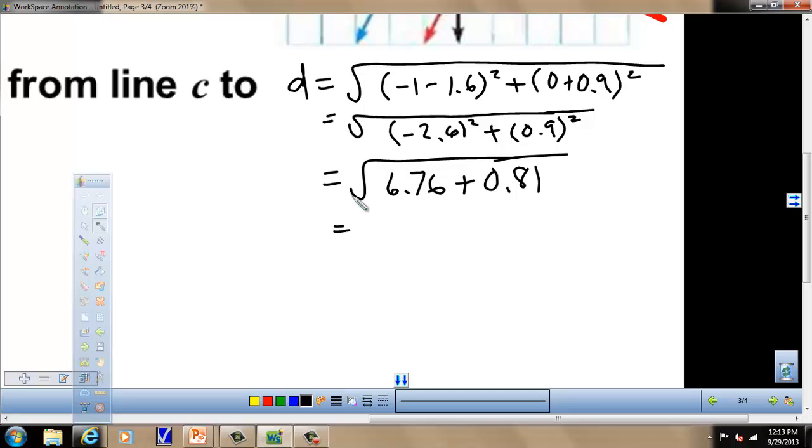Together we get 7.57, and if we do the square root of 7.57, oh, this is off what they have, but it's okay. About 2.8.